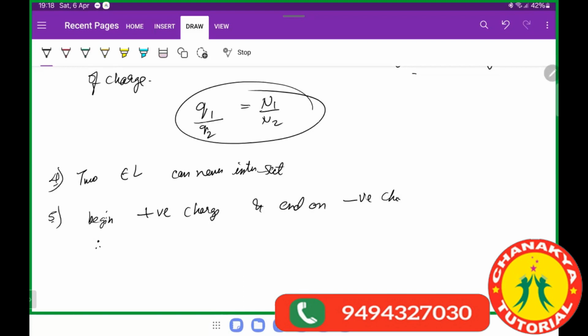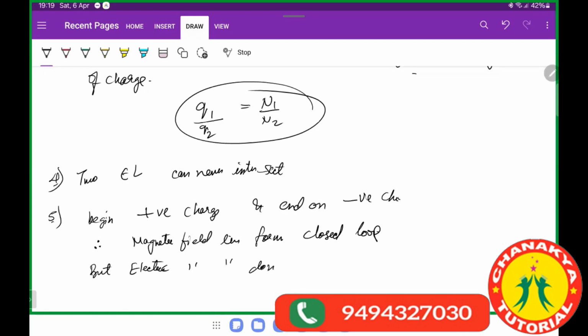So I'll write: magnetic field forms closed loops, but electric field lines do not make closed loops.